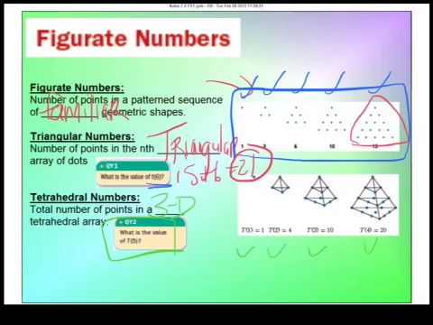If you look for a pattern, they're going to have to add another triangular pattern below to stack it. T of 4 currently has 20 dots in total. When they add one more layer of dots on the bottom here, they're going to end up adding 15 more dots. So it'd be the existing 20 dots plus another layer of 15 dots. So therefore T of 5 will equal 35.